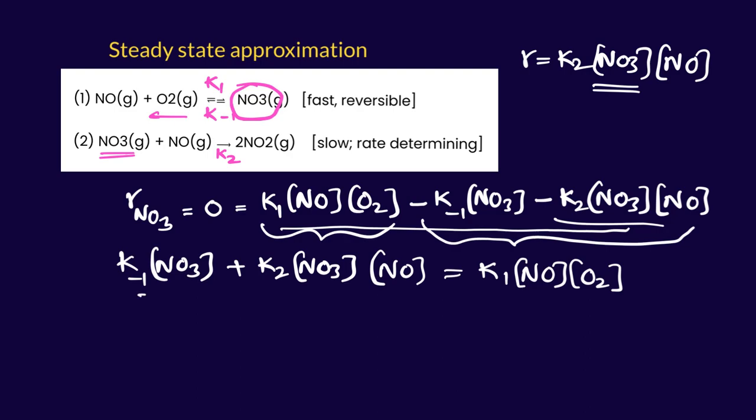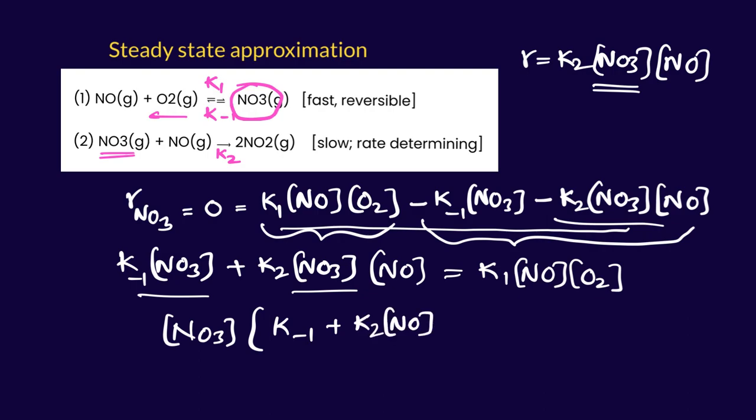Now both have NO3 common, so we take NO3 common. NO3 concentration multiplied by K minus 1 plus K2 NO concentration is equal to K1 NO concentration O2 concentration.